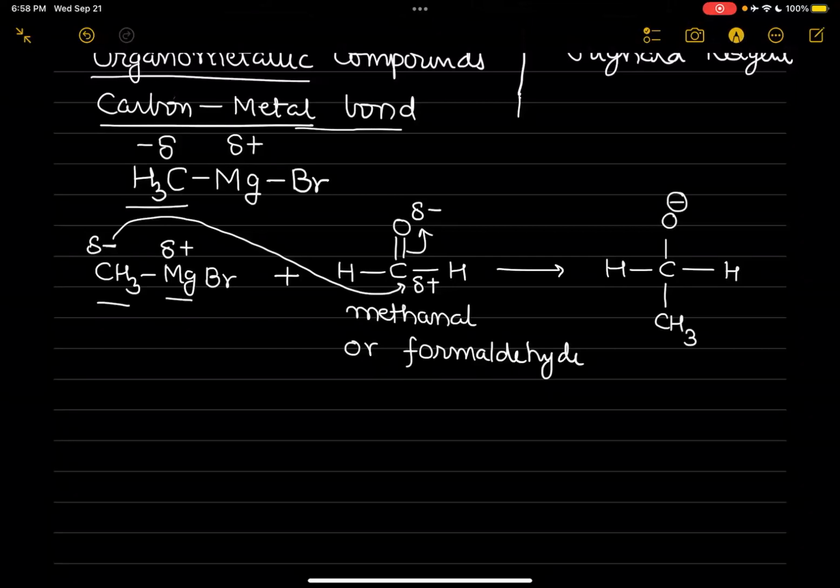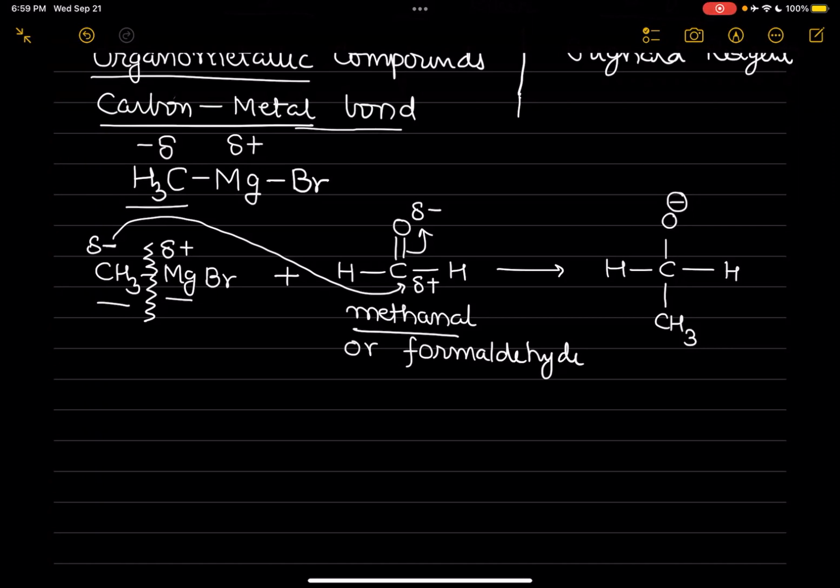Is it clear? Yes, sir. So the carbon minus has gone and joined itself on the methanal. Right? And O minus has formed.